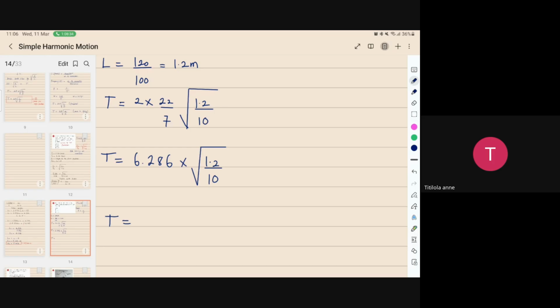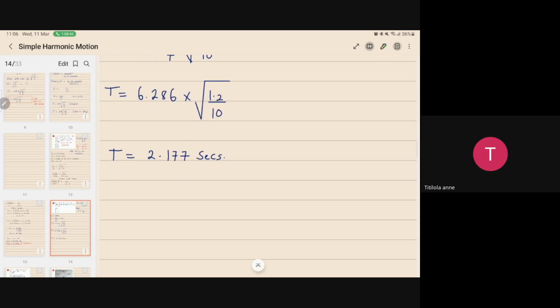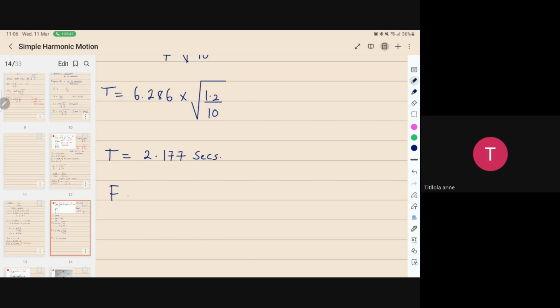So this gives us that the period is equal to 2.177 seconds. Now, the frequency is what we're asked to find. So the frequency will be equal to 1 over 2.177.